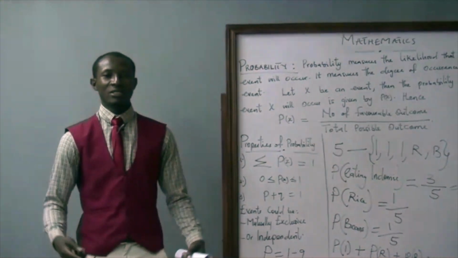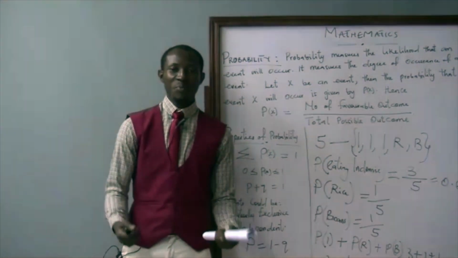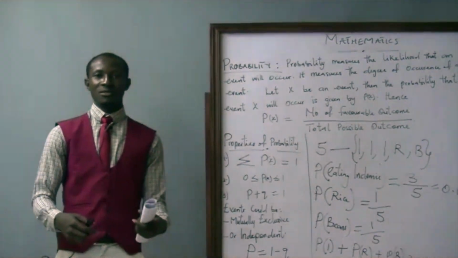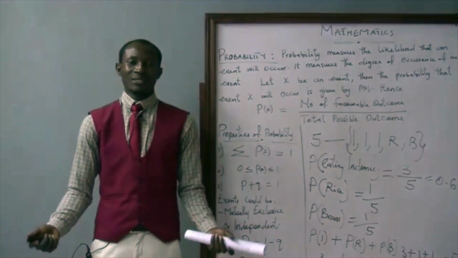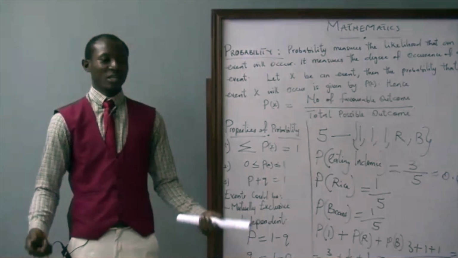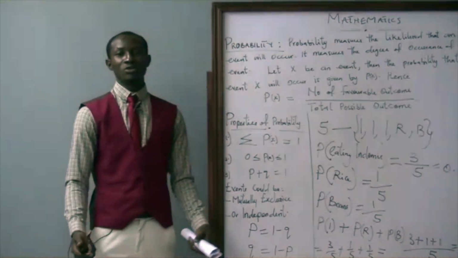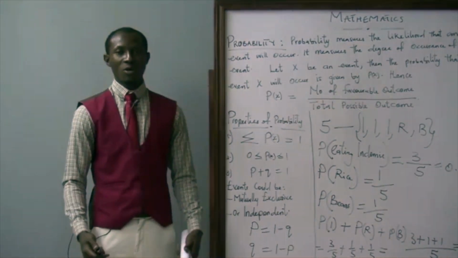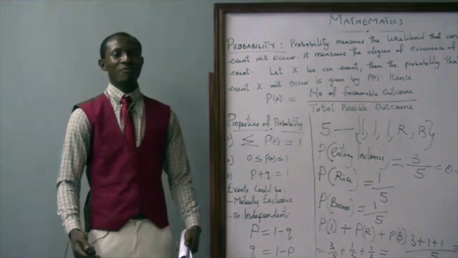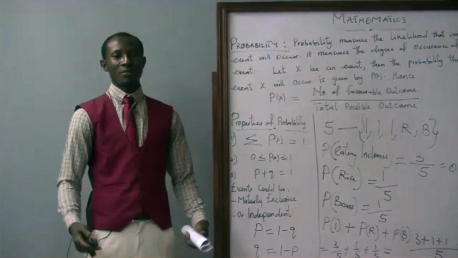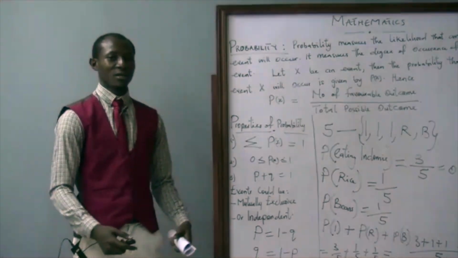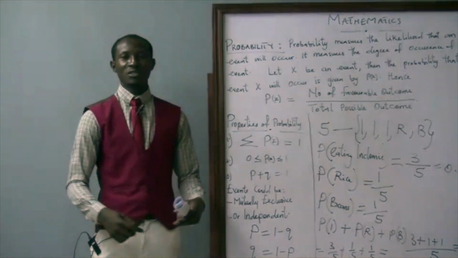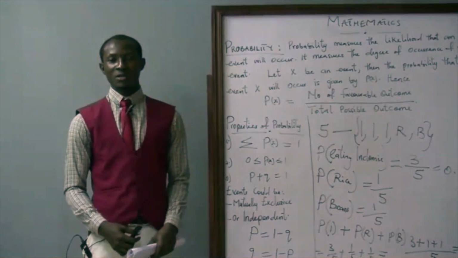Thus, I can say I am sweeping and singing at the same time, simultaneously. So independent events lead us to multiplication of probability. When we have independent events, we most of the time multiply them together, and when we have mutually exclusive events, we add them together.